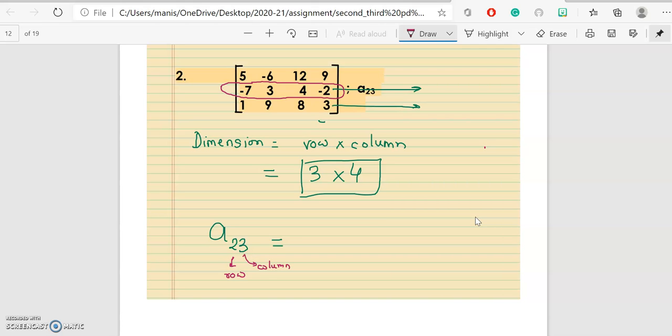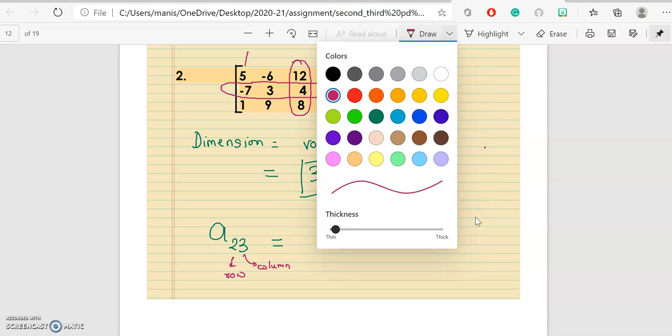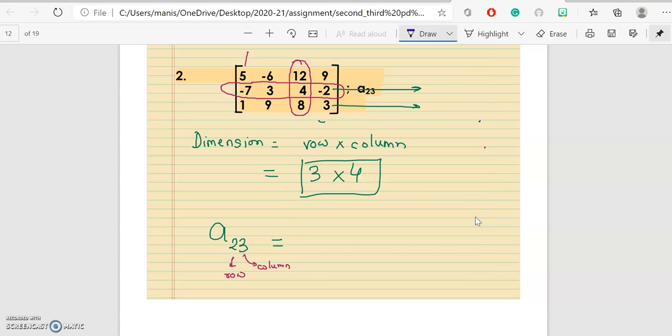Third column means this is the first column, this is the second column, third column. Now between these two, tell me which is the number which is coming common. If I use a different color over here, it will be easier for you to figure out which number is coming common in both of them. So if you are paying proper attention, this is the number which is coming common in this circle and this one. So your answer is 4 over here.